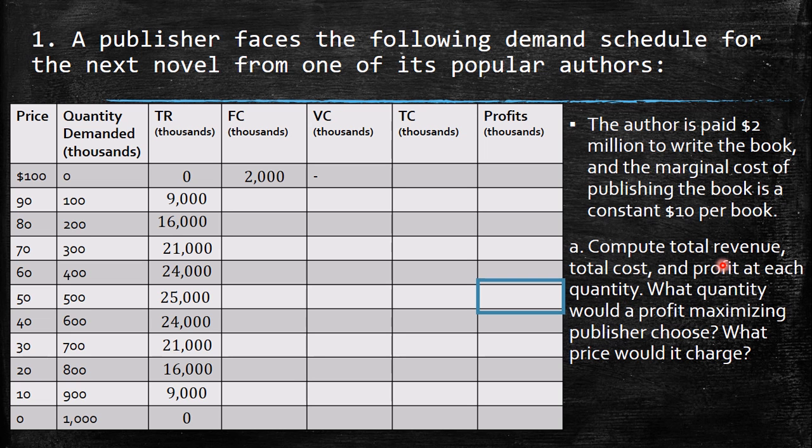Then we need total cost, but remember, total cost divides into fixed cost and variable cost. The fixed cost, remember, doesn't change when your quantity varies. So here we have the 2 million to write the book, which is going to be the fixed cost for the publisher.